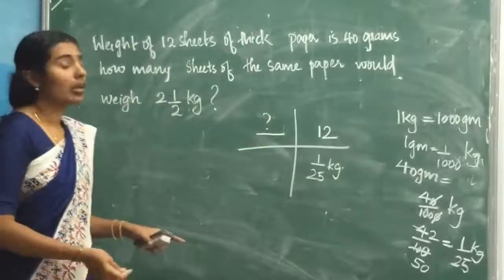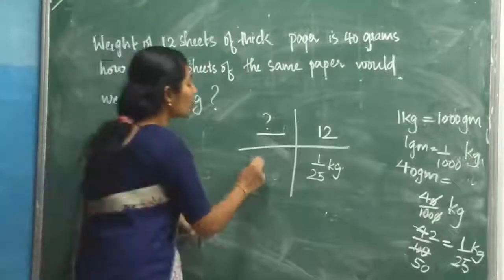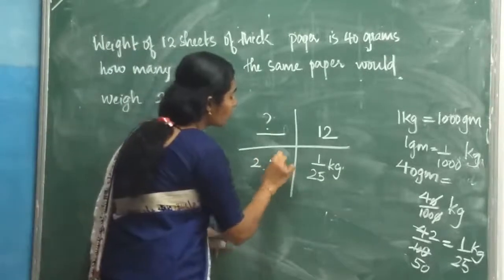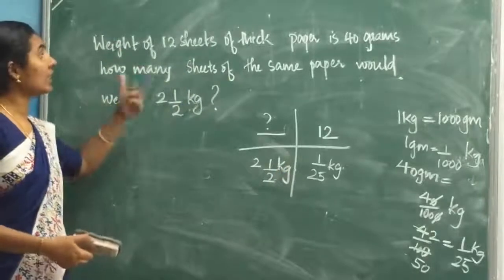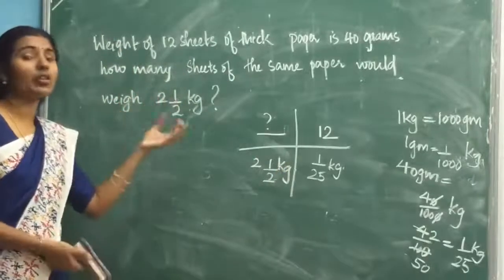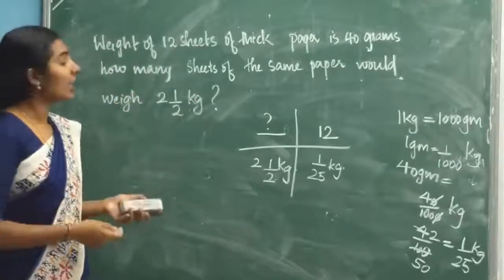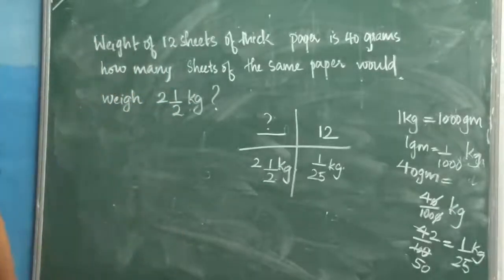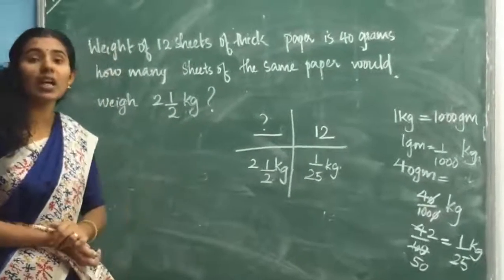Corresponding to that number of sheets, they gave the weight 2.5 kilogram. And you know when we are increasing the number of sheets, the weight is also increasing. That means the two quantities are in direct proportion.